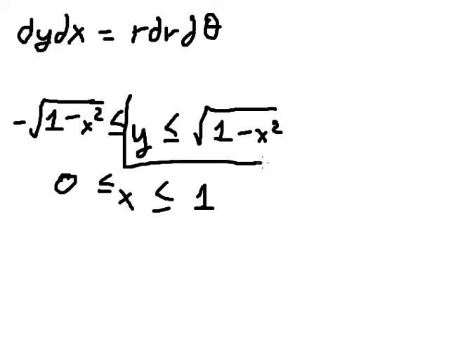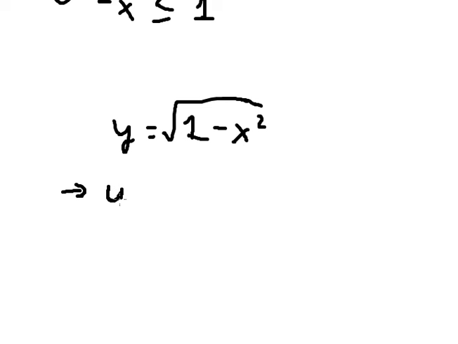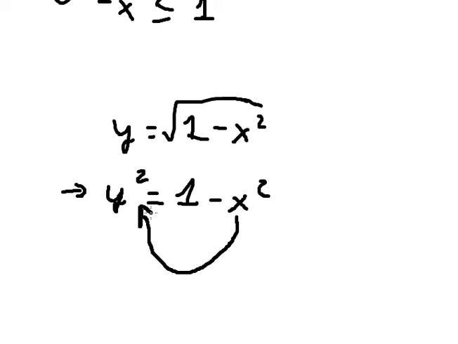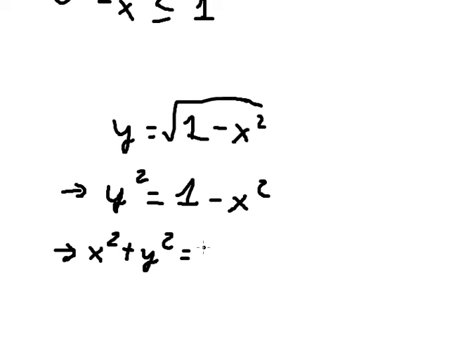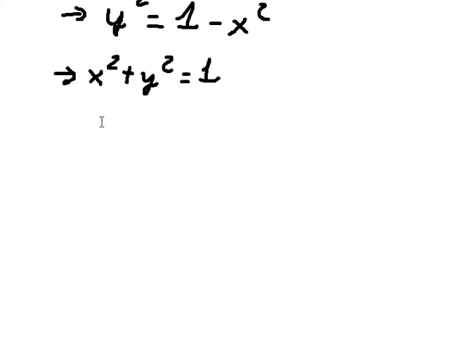Now we need to draw this one. So we put the power 2 for both sides, and we have y squared equals 1 minus s squared. And I will put this one to the left. And we have the formula of the circle.